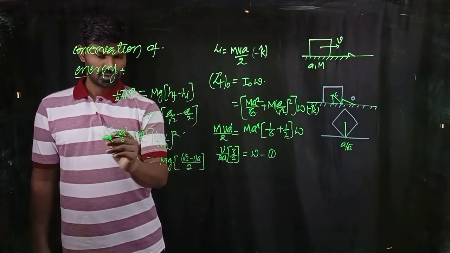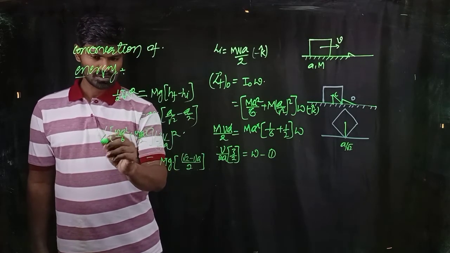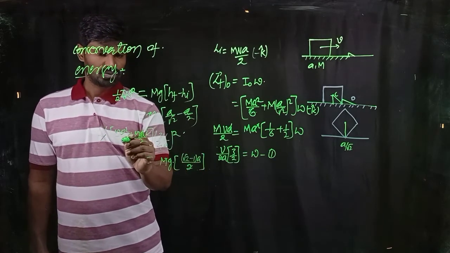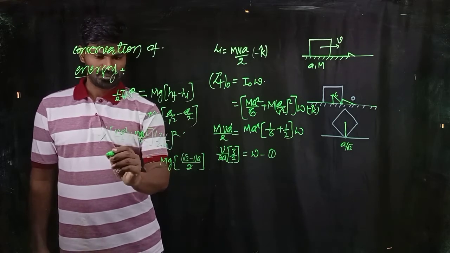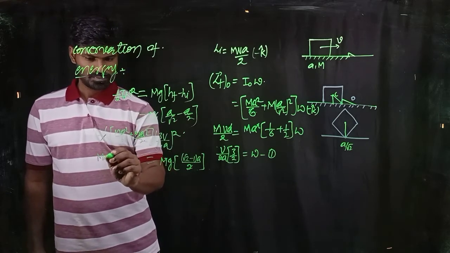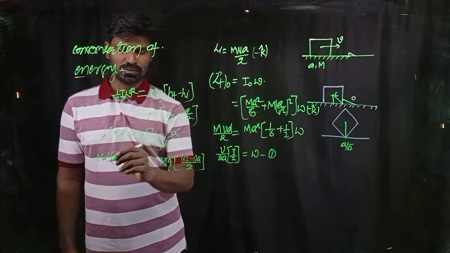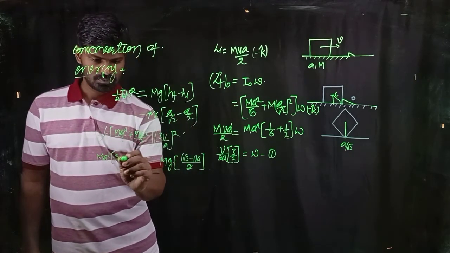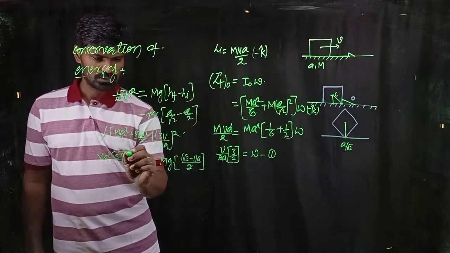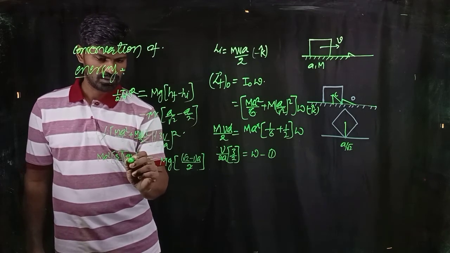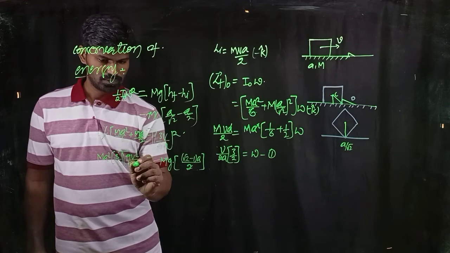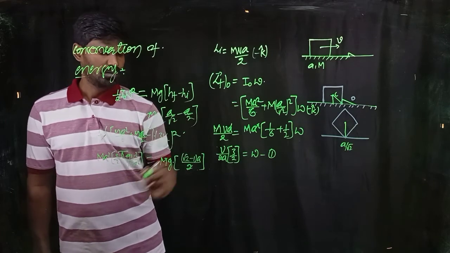How? This 2 gets cancelled. So m a square, if you take it as common, this value again becomes 4 by 6, that is 2 by 3. This is 9v square divided by 16a square, equal to this one.